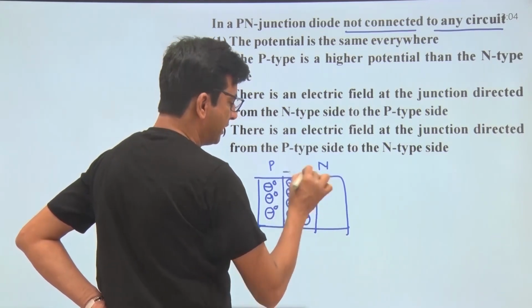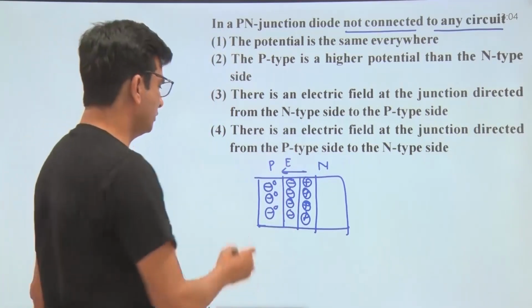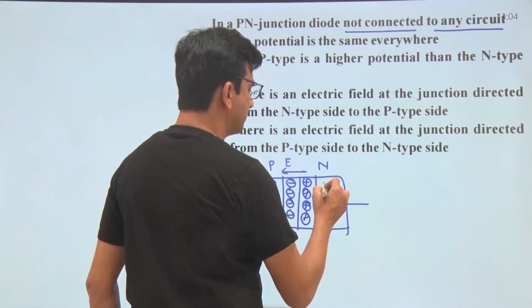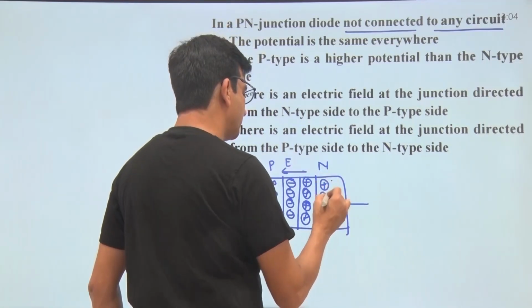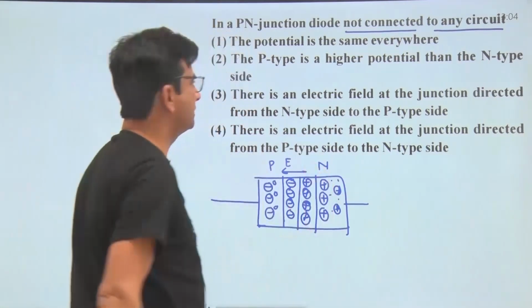So there is an electric field from positive to negative whenever no biasing, no battery is connected with the diode. In N part, it is positive, immovable with free electrons. And this structure is PN junction.